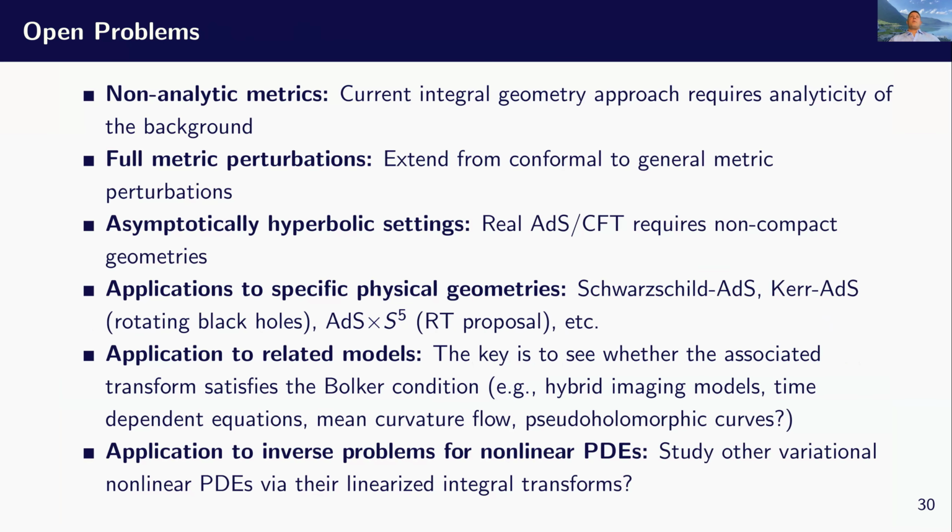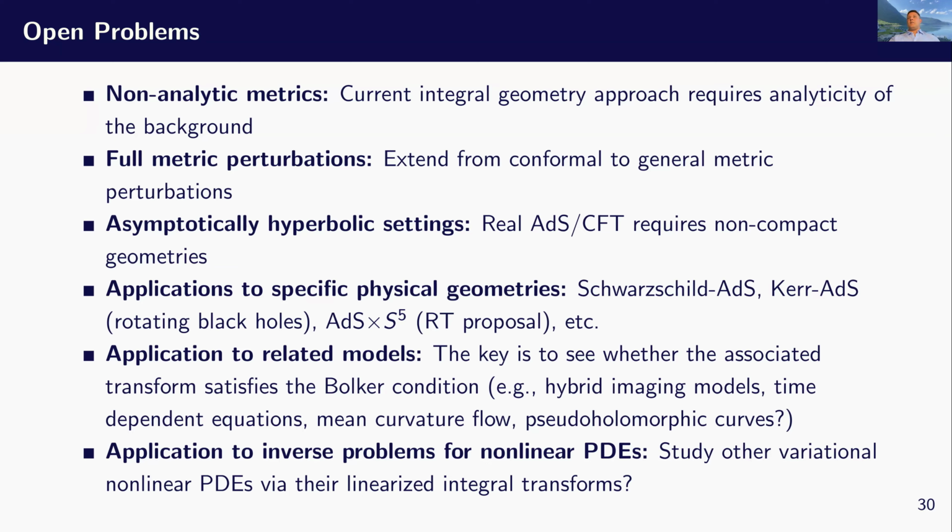And here are some open problems. Here the background metric was analytic, so you can try to get rid of that. We already considered the recovery in the conformal class. You can try to recover the metric itself as well, so full metric perturbations. In physics, the situation is in infinite spaces, so asymptotically hyperbolic settings.